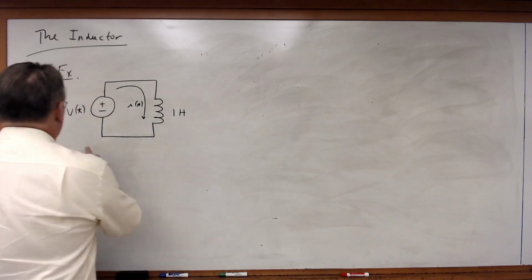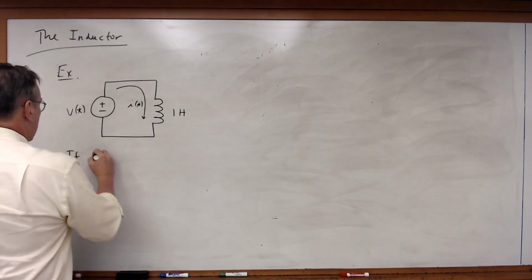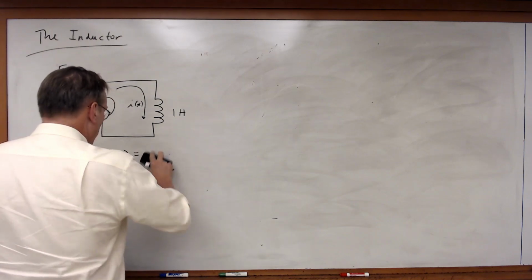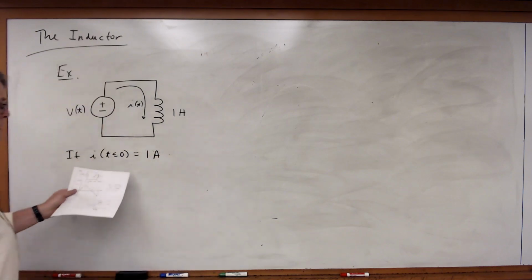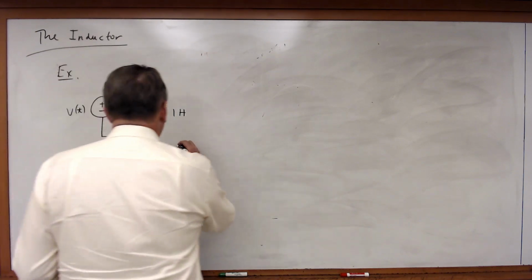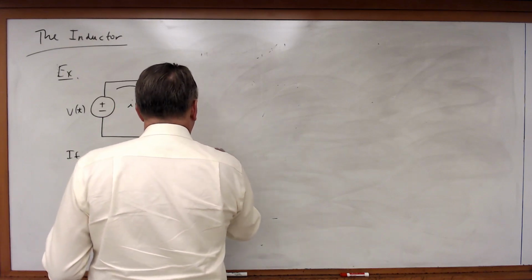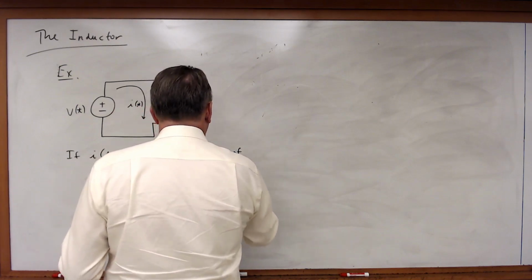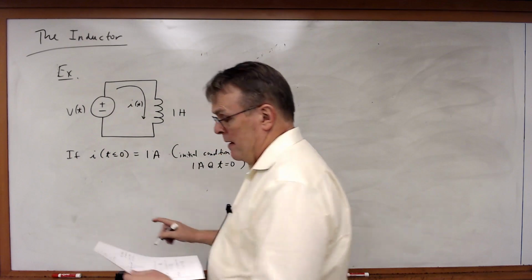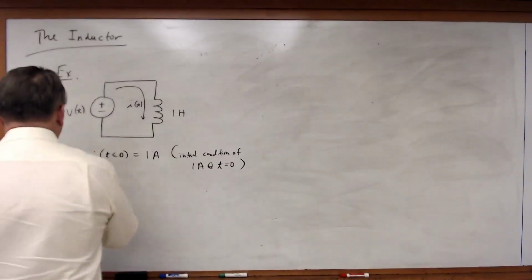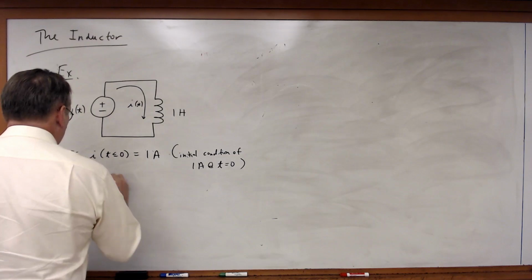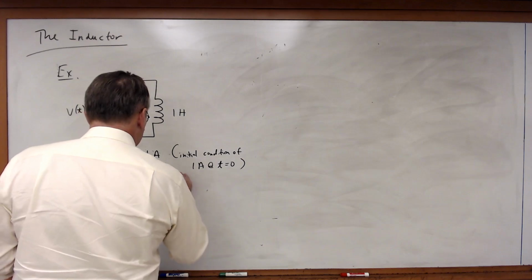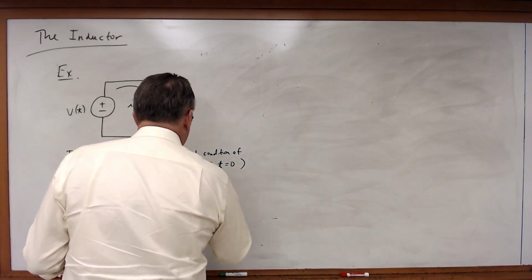If the current for t less than or equal to 0 is equal to 1 amp, in other words, if I have an initial condition of 1 amp at t equals 0, then I want to find the following currents. I want to find I at 1 second, I at 2 seconds, and I at 3 seconds.